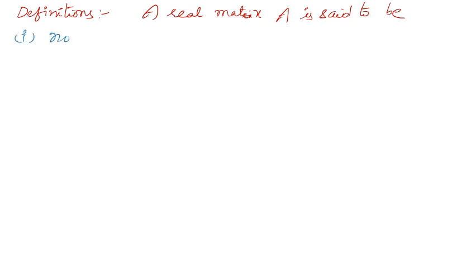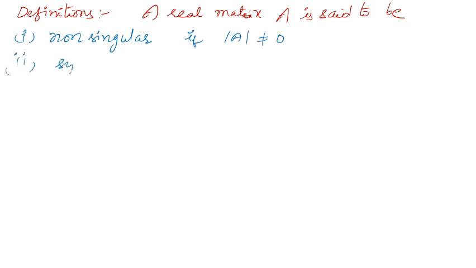Now, some definitions. A real matrix capital A is said to be, first one, non-singular. Non-singular matrix means determinant A not equal to 0.